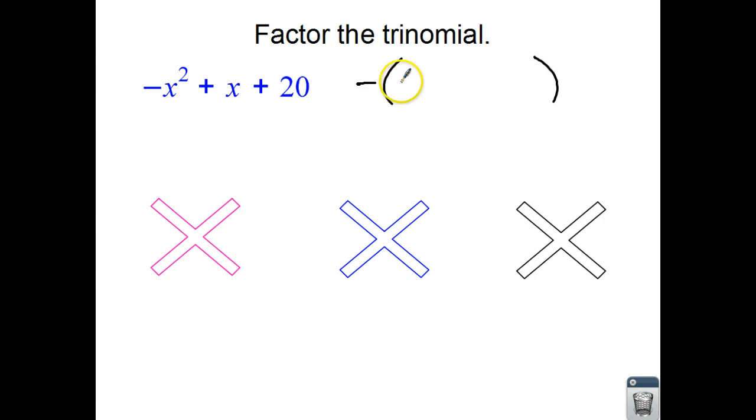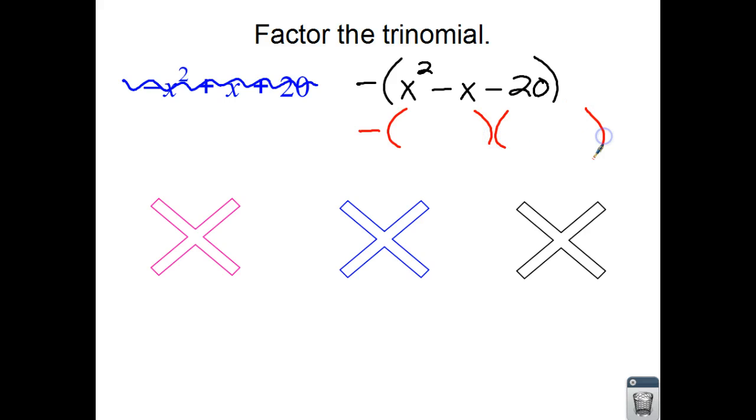So the negative x squared becomes positive, the plus x becomes negative, and the positive 20 becomes a negative 20. And no longer do we need this trinomial that we started with because we have a new one. All right, how's that answer going to look? Well, we're going to have a negative factored out with a product of those two binomials.